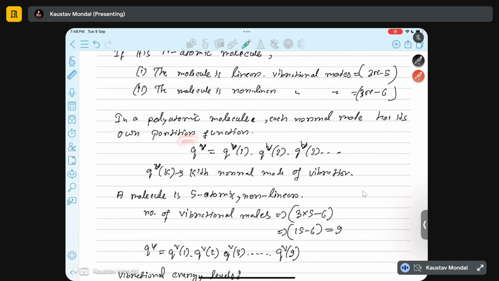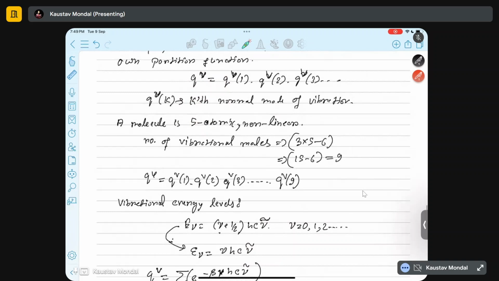As you can see in this equation, the total vibrational partition function QV is the multiplication of QV1 into QV2 into QV3 and so on. QV1 is the vibrational partition function responsible for the first mode, 2 is the second mode, 3 the third mode, up to the kth mode. If you multiply all these, you get the total vibrational partition function for that molecule.